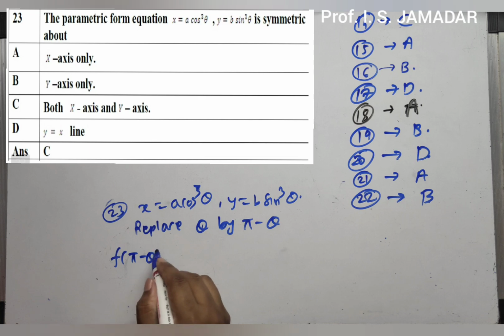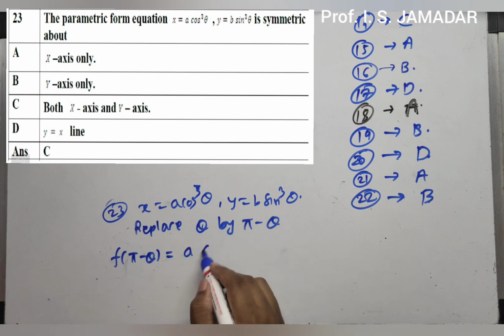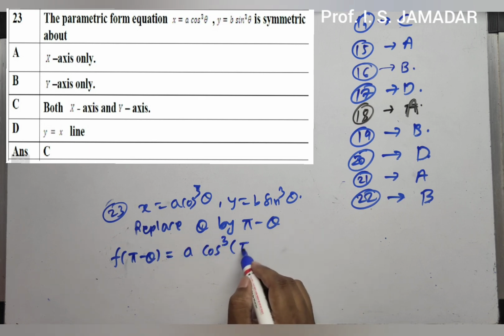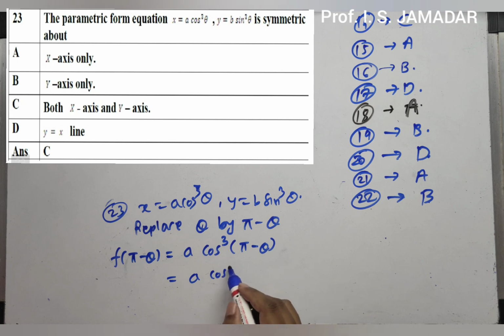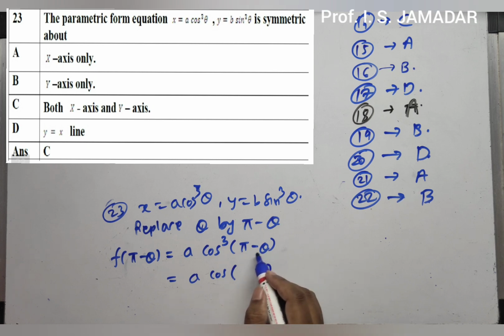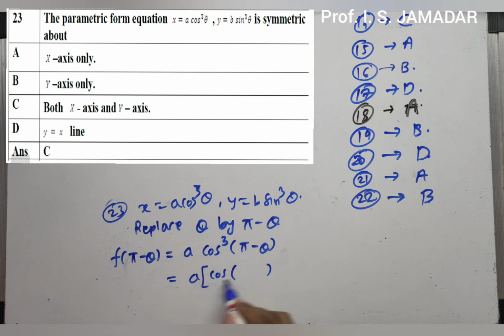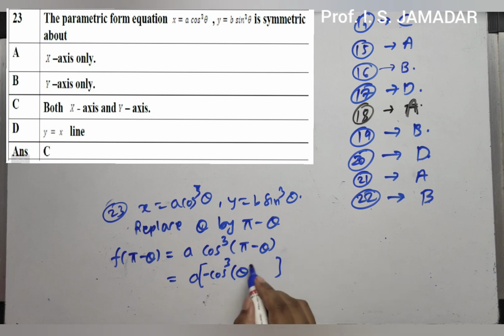So what will be f of pi minus theta? F of pi minus theta will be a cos cube of pi minus theta. Now what is cos of pi minus theta? By the allied angle rule, the angle lies in the second quadrant and it is an even multiple, so cos will remain cos. In the second quadrant cos is negative, so it is minus cos cube of theta.